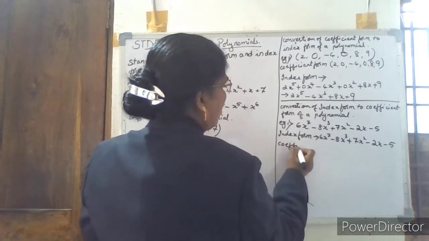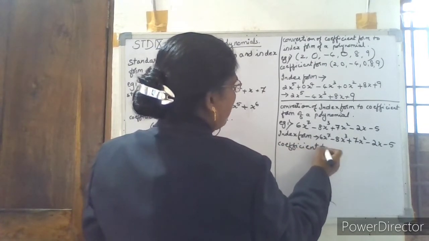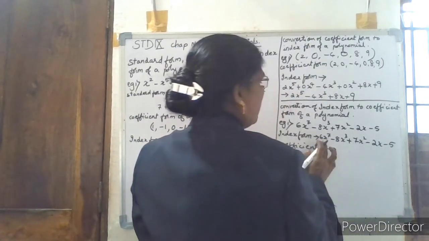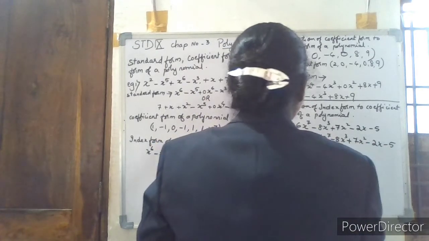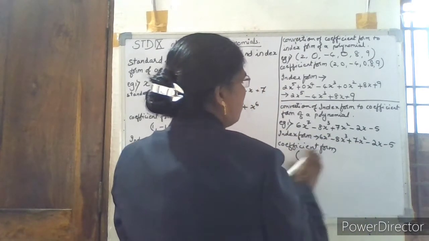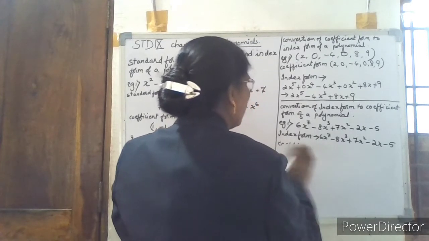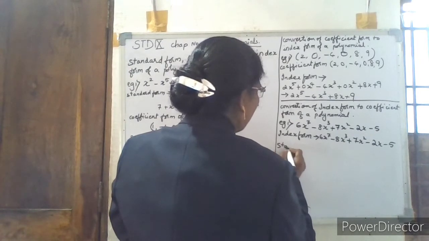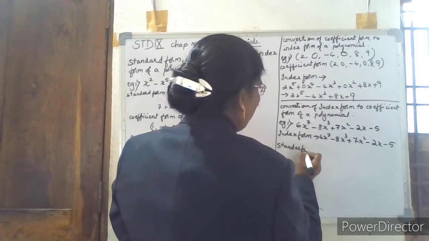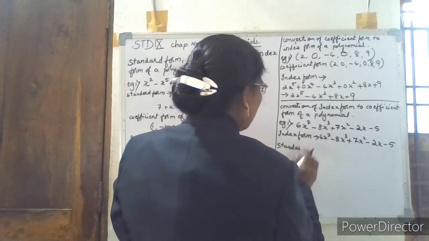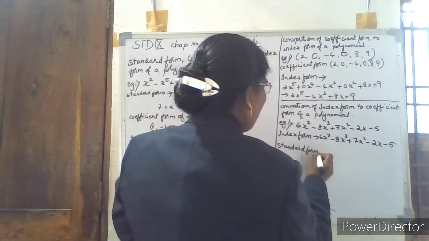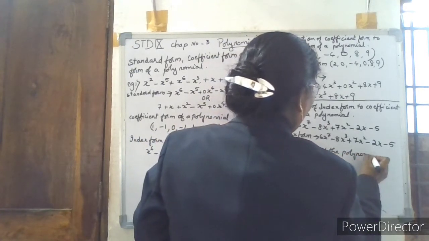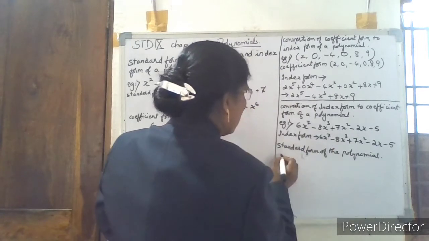Coefficient form is given in the bracket. First, it is in the descending order. To convert this into coefficient form, first we will write it in the standard form. That will be easier and more convenient. Standard form of the polynomial: 6x raised to 7, the highest power.